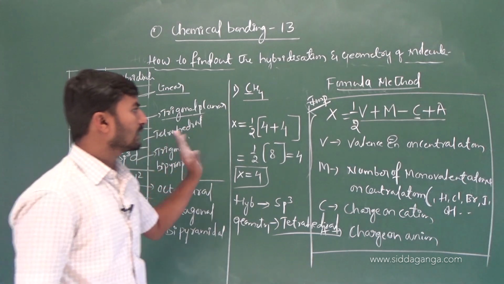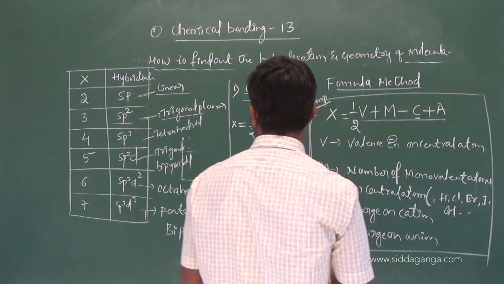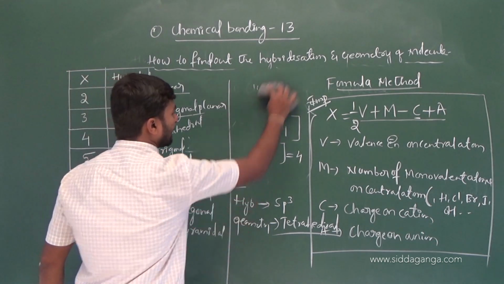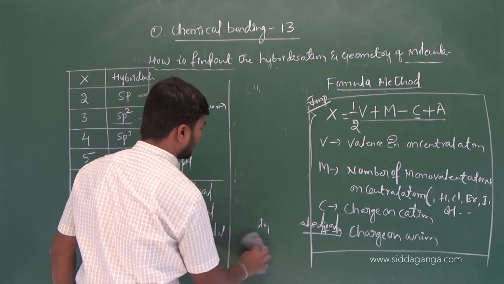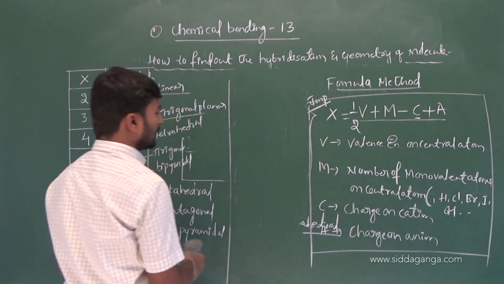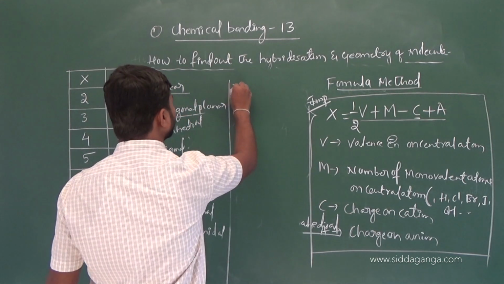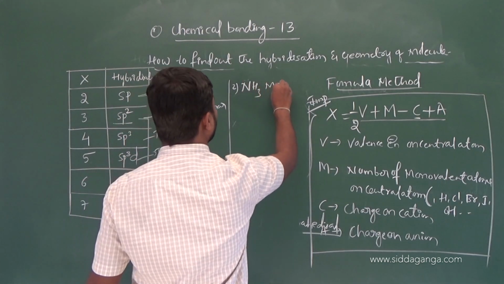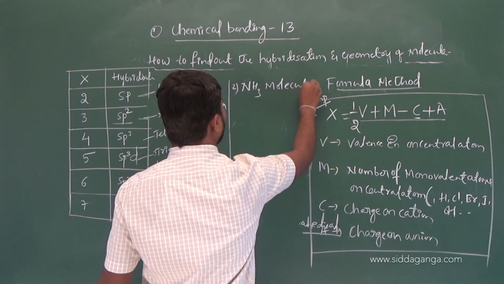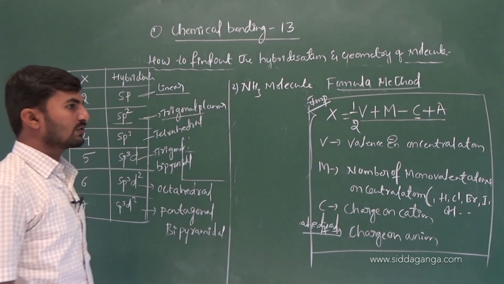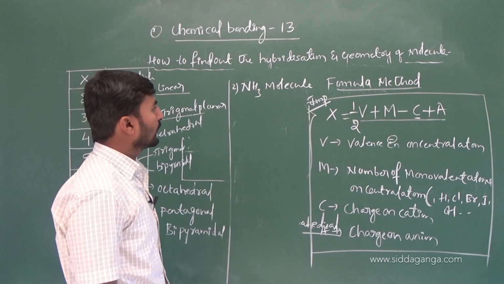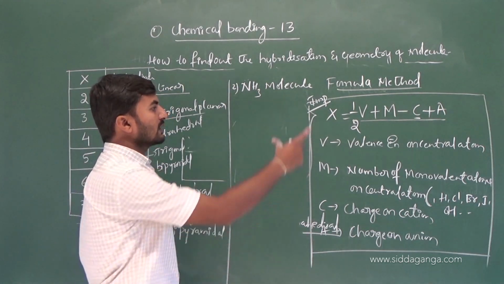Okay, like that. Second example, that is NH3 molecule. NH3. How to calculate the hybridization of NH3 molecule and its geometry by using this formula.